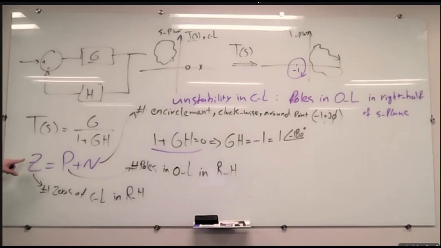In this example, here we have 1 equal to 1 plus N. If N is not 0, then this equation would not hold. So we are not stable. Is that clear? If we don't have any zeros in the right half plane, that means these P and N should cancel each other out.